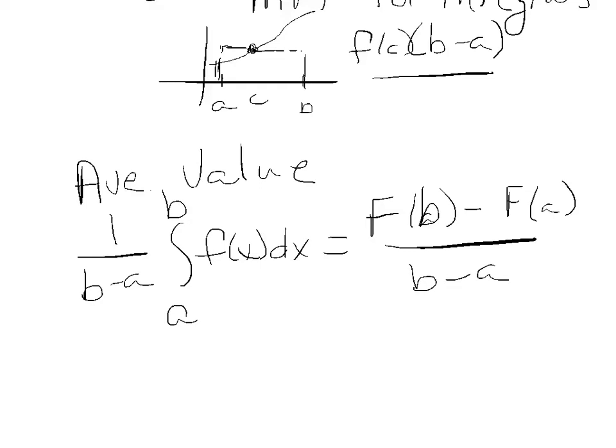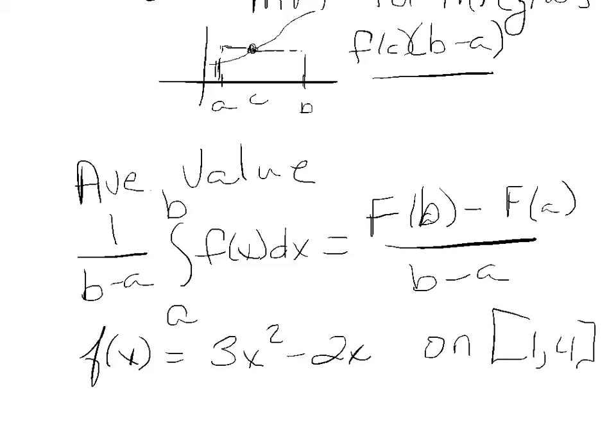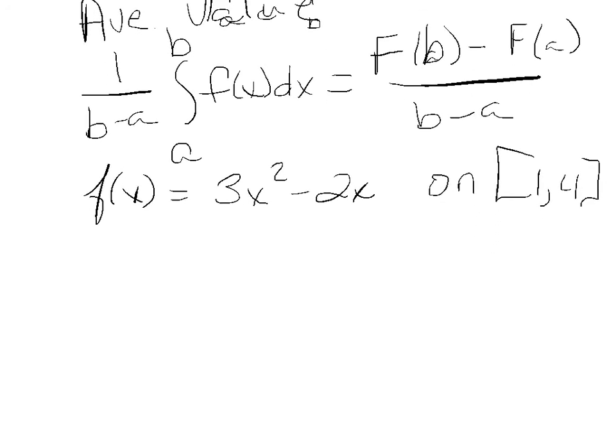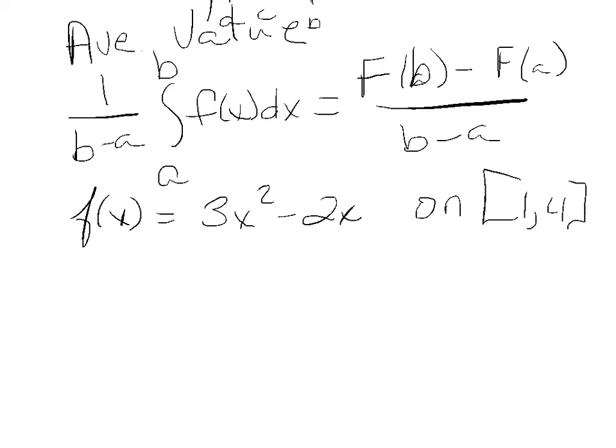So this is the formula for average value. If I want to find the average value of f of x equals 3x squared minus 2x on the interval from 1 to 4, well, we set up our integral from 1 to 4 of 3x squared minus 2x dx.